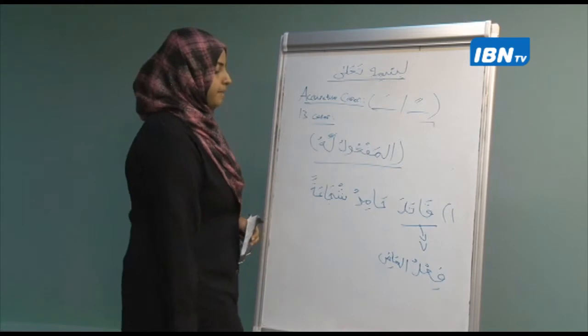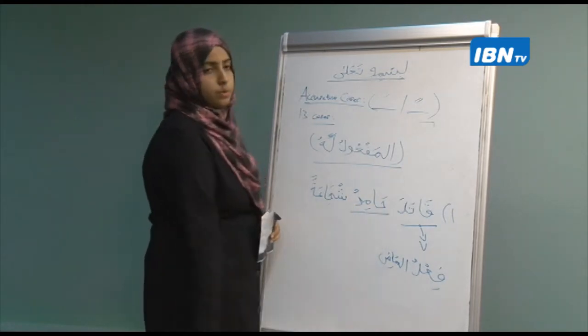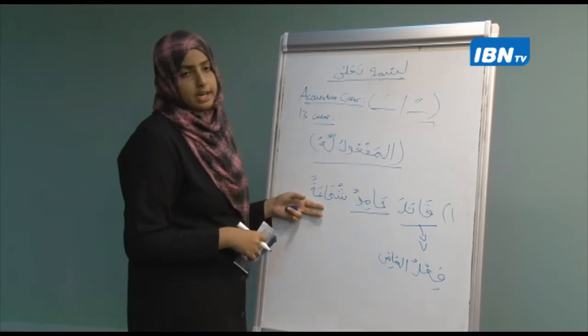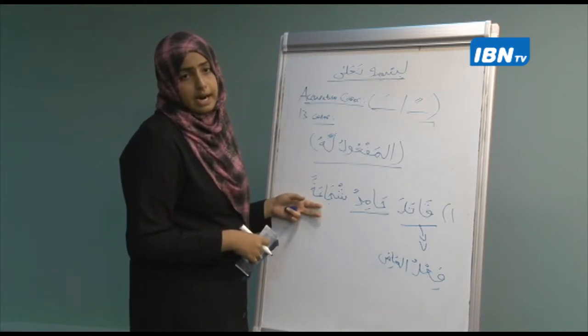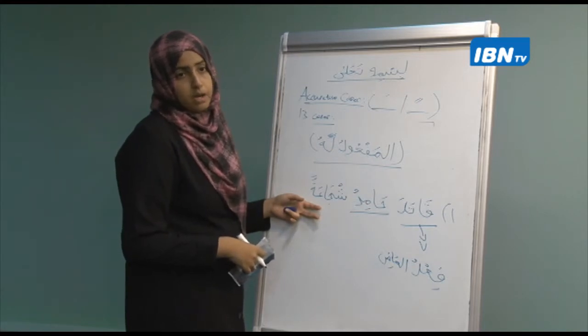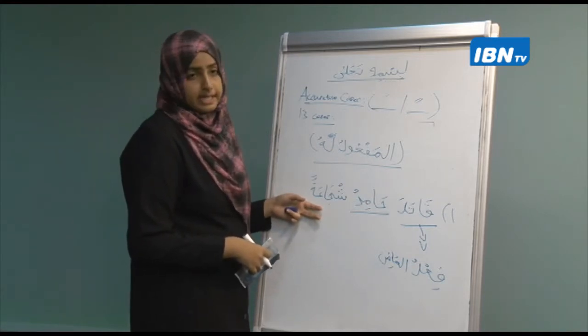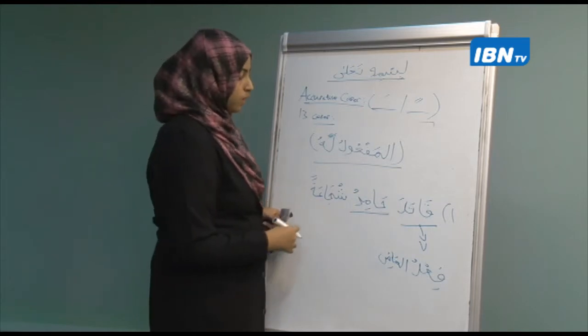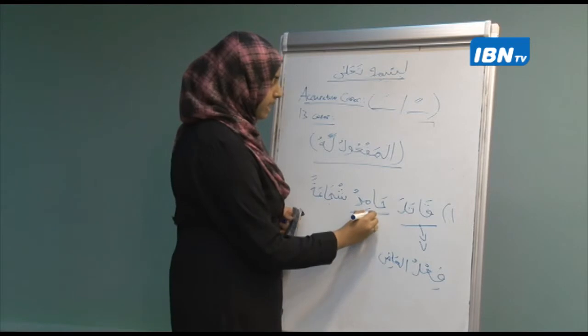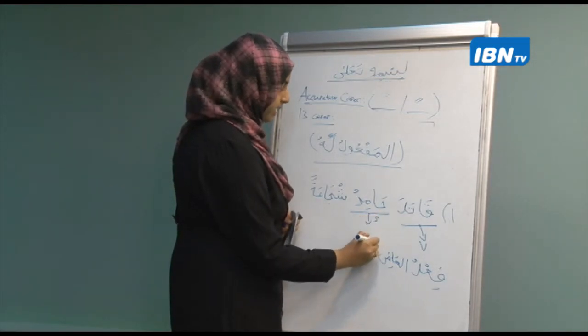Okay, then we have Hamid. Qatala Hamidu shuja'atan. Who am I talking about? Hamid. Who is Hamid? Subject. What is he doing? He is fighting courageously. So Hamid is the doer of the action. So Hamid is my fa'il.